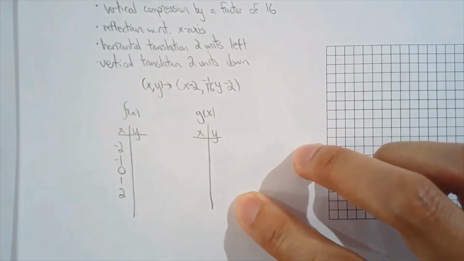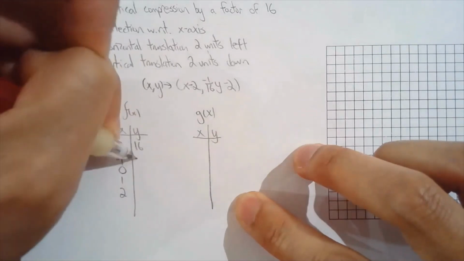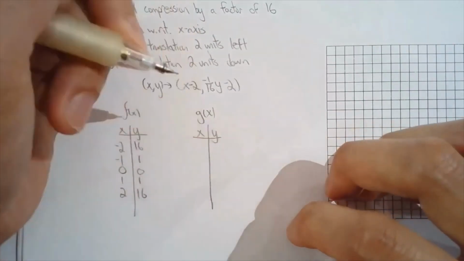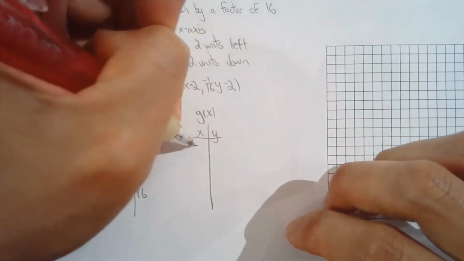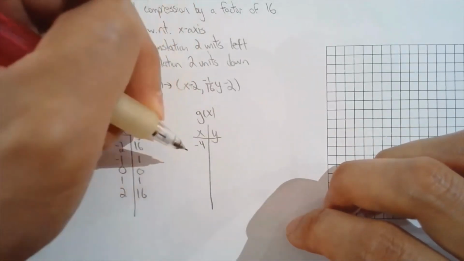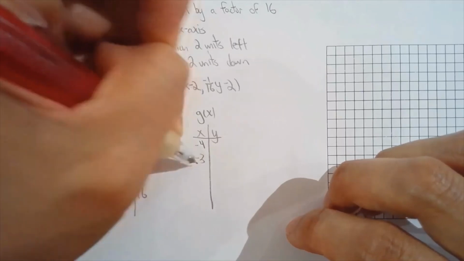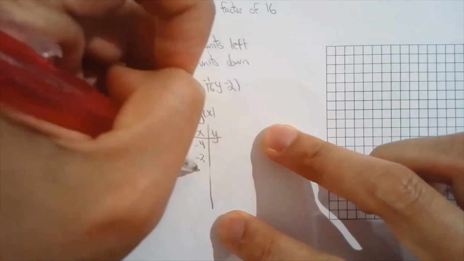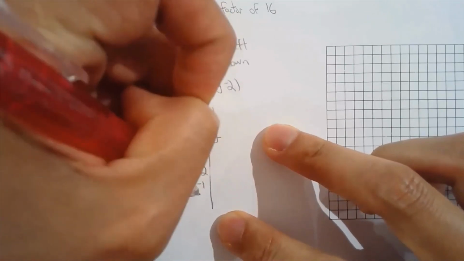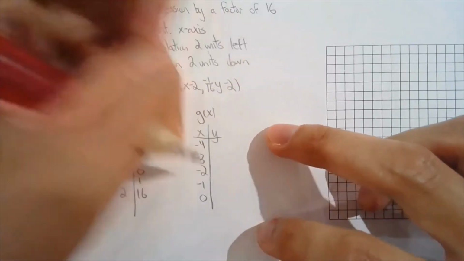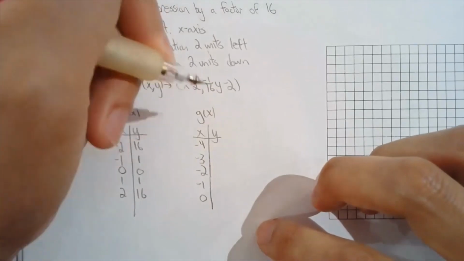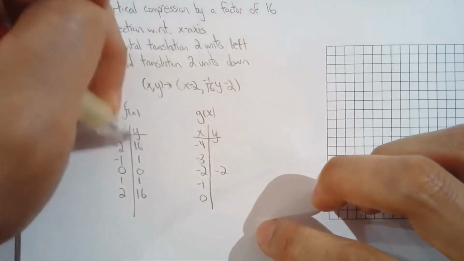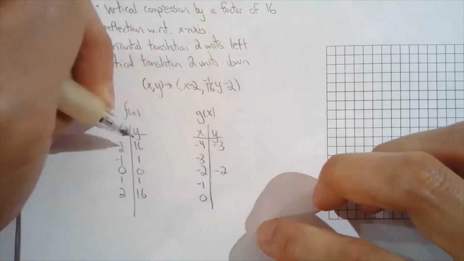Oops, I forgot the y values. It's 4, so it's 16, 1, 1, 16. And this is now, let's see, subtract by 2. So negative 4, negative 3, 0, oops, negative 2, negative 1, and 0. There we go. There's my 0. Now, 1 over 16, negative, let's see, this one's easy. And then negative 1 minus 2 is negative 3.